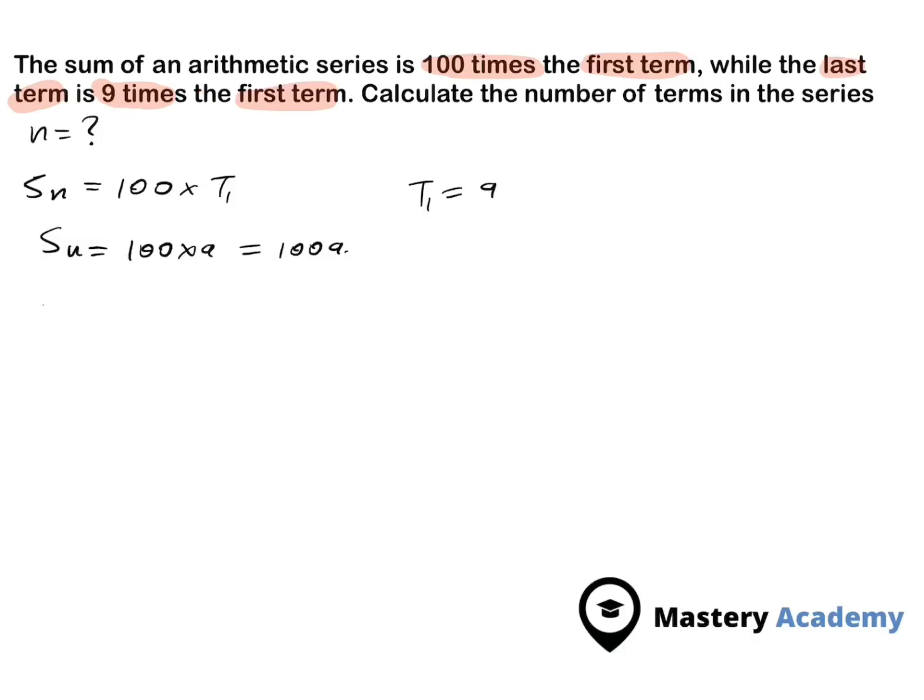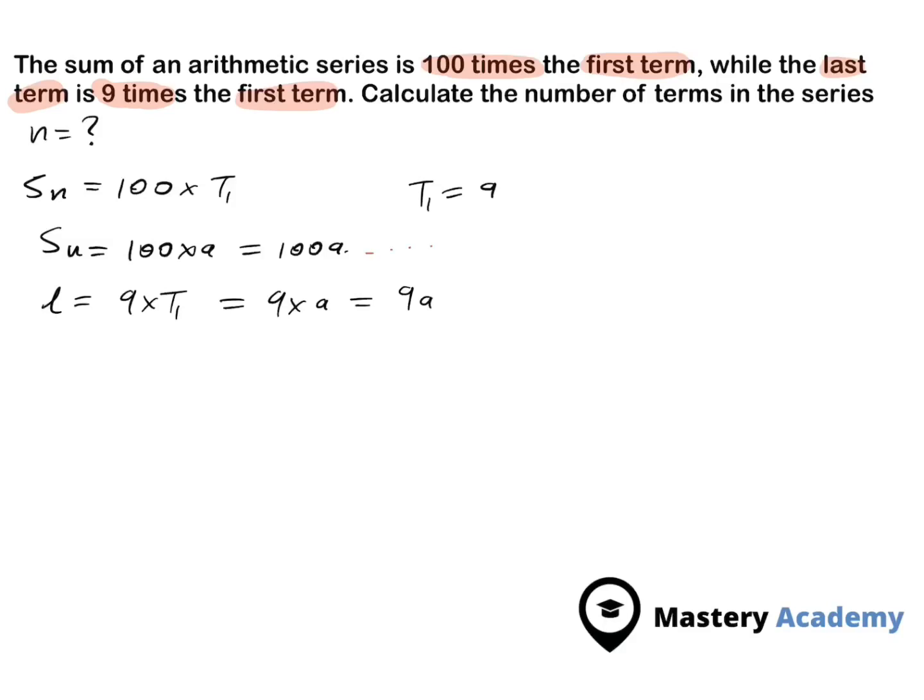So L is equal to 9 times T1. If we already said that T1 is equal to a, we are going to replace this T1 here by a. And therefore this becomes 9 times a, which is the same as 9a.